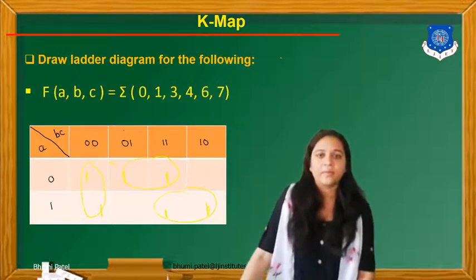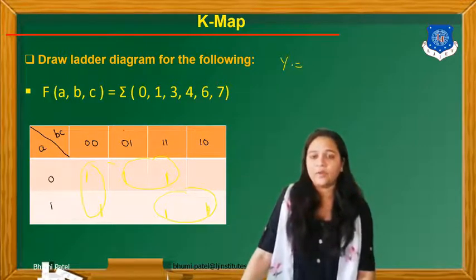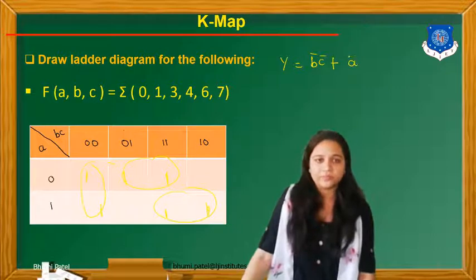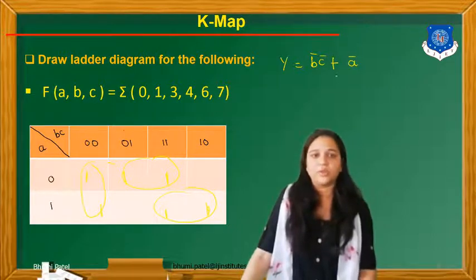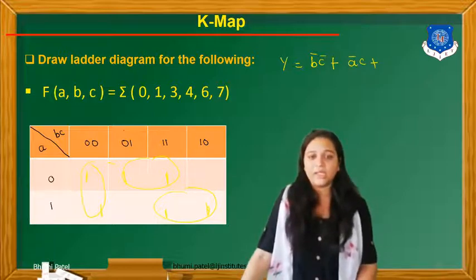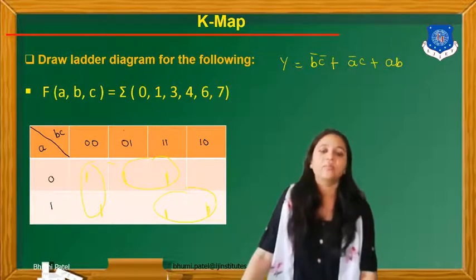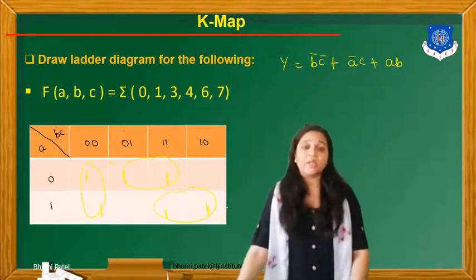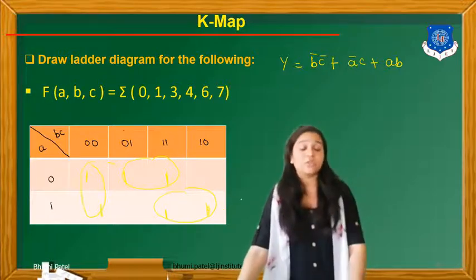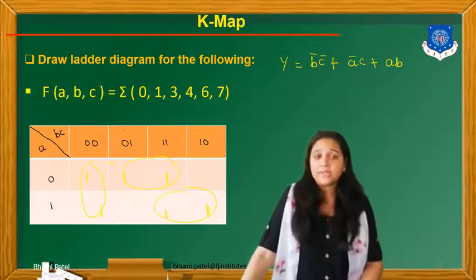Y is equal to, for this 1, 1 we can write B bar C bar, plus for this 2, 1 we can write A bar into C, because here the 1 is common for the C. And here 2, 1, A as it is and we can write the B common term. So this is the equation for the K-map that you have to study in the digital logic design subject.